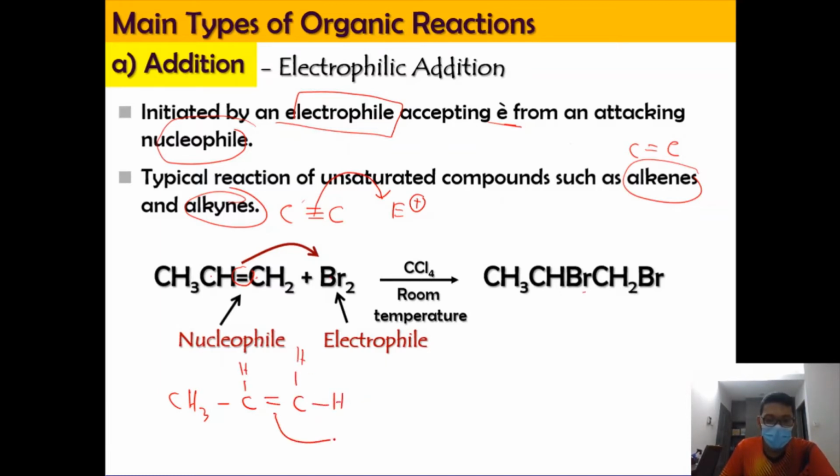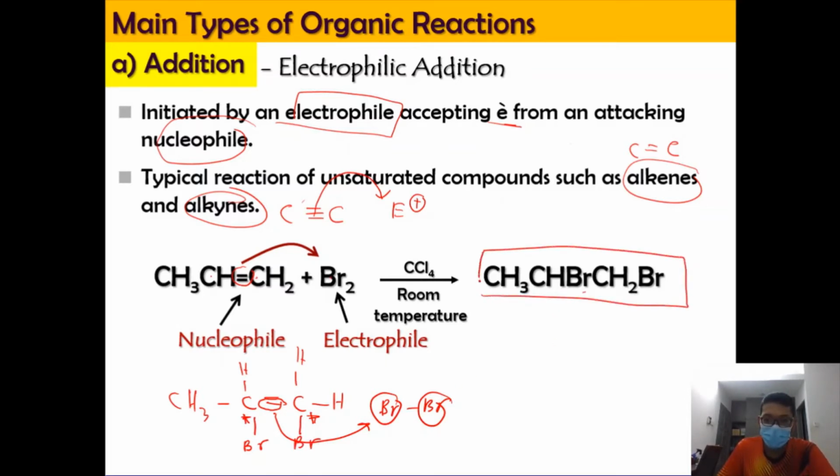So when it attacks the Br, the Br here will now be attached to this carbon, and the other Br is going to be attached to this carbon. So the double bond here is going to be a single bond. Okay, and that is why it's forming something like this. And because the electrophile is being added to the nucleophile, it is known as the electrophilic addition.